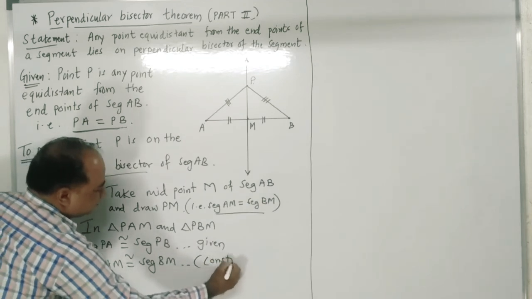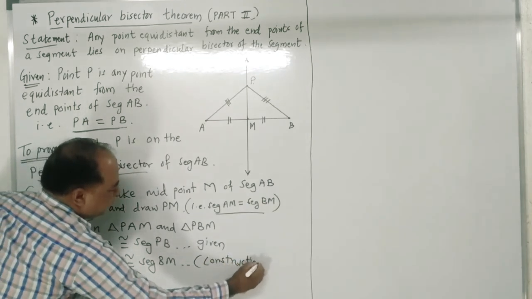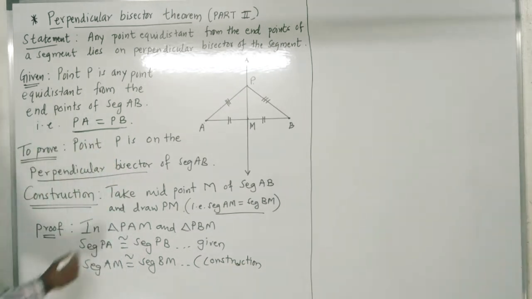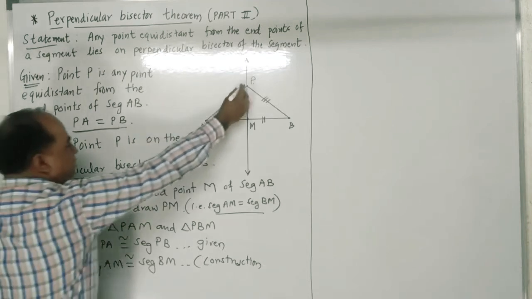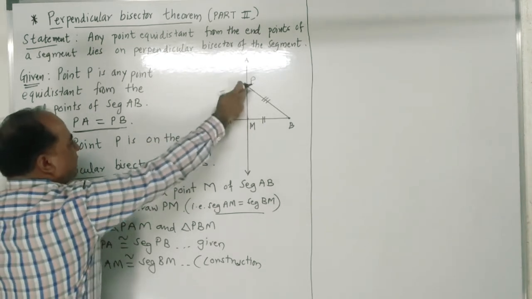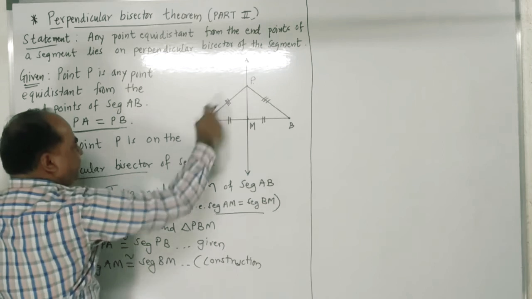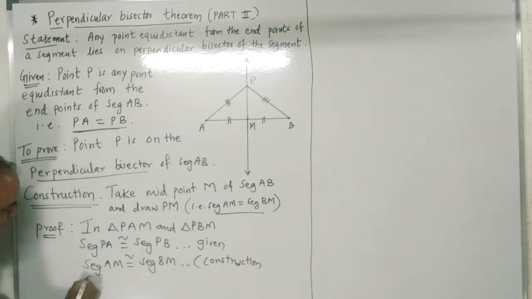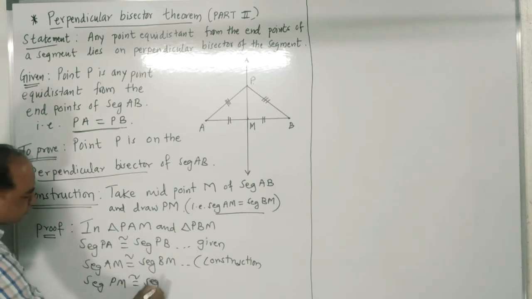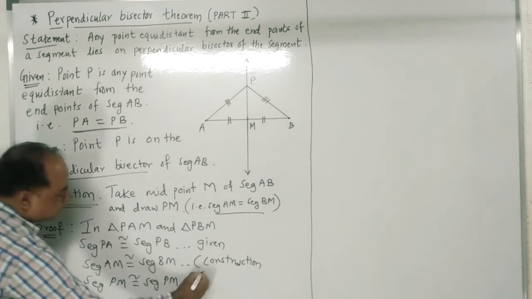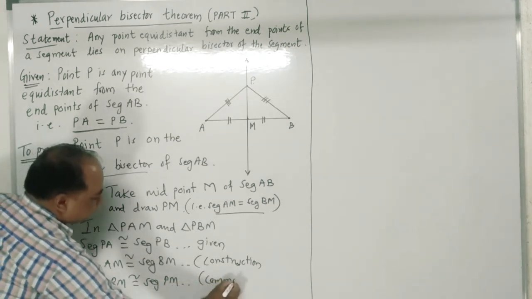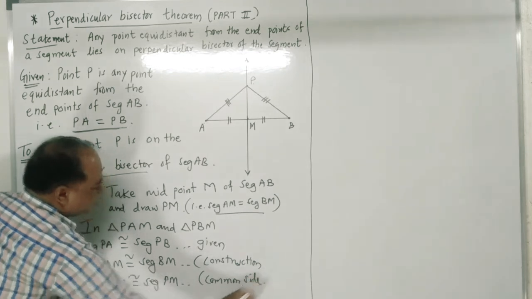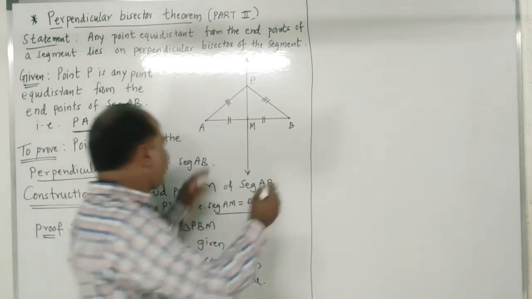Third, PM is a common side in both triangles PAM and PBM. Segment PM is congruent to segment PM, a common side.